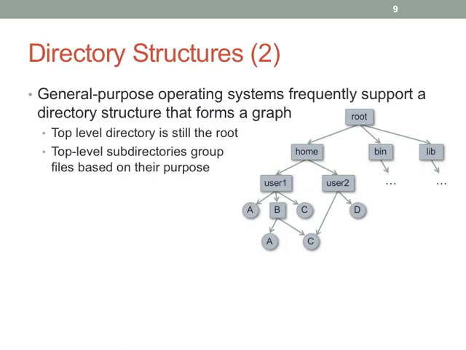Now you'll notice that in this example, it's a graph. It's not actually a tree. We can have multiple entries referring to a particular file. That's the way that most of these general purpose file systems work. Okay? So you still have a root at the top and then various subdirectories that enclose files of a certain kind. So /home is really common for user directories.